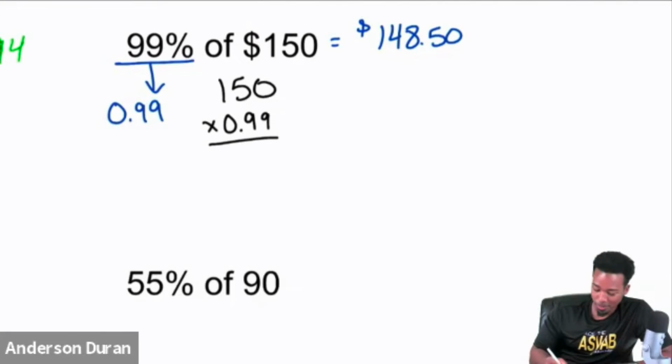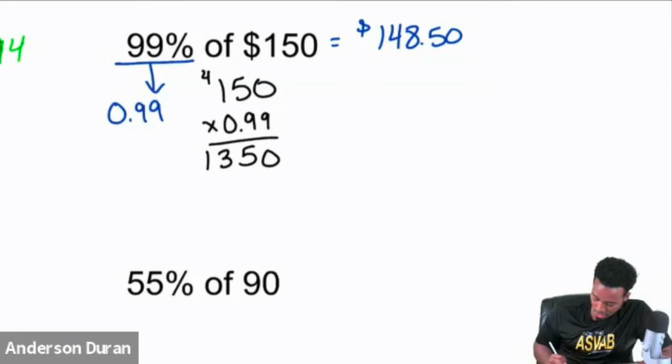Follow along. 0 times 9, 0. 5 times 9, 45. Carry the 4. Then 1 times 9 is 9. Bring the 4 is 13. Next, I'll drop a 0. Let me write that in red so you know I'm working on that second row now. So 0 times 9, that's 0. 5 times 9, 45.